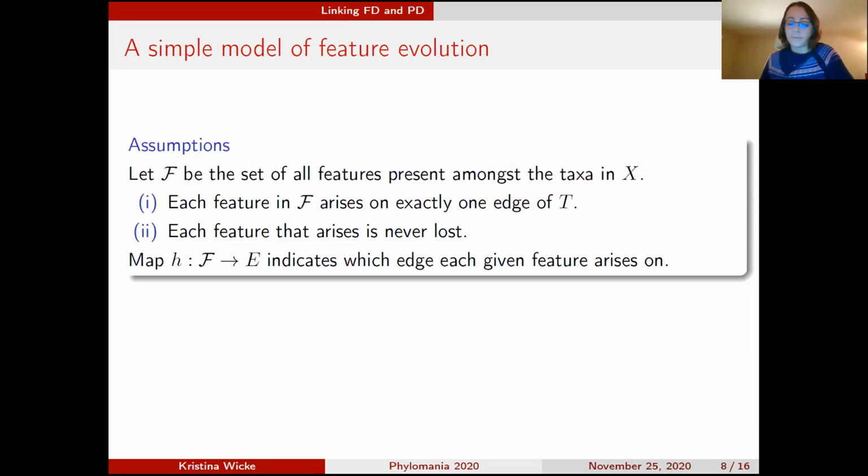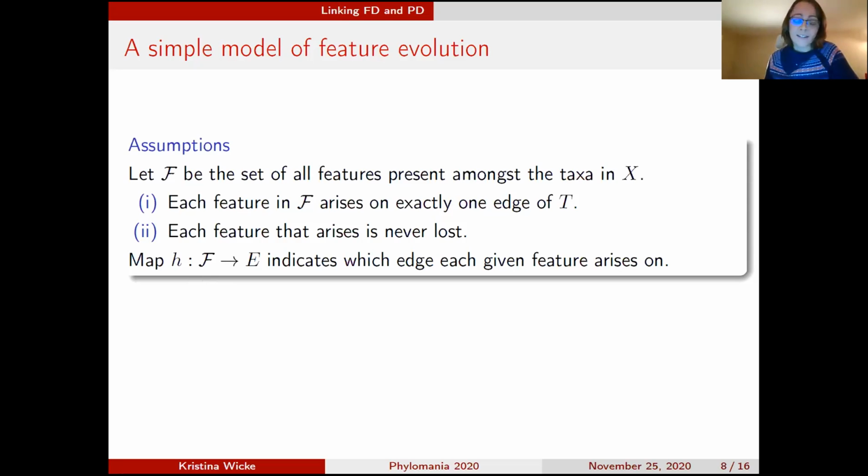So assume that F is the set of all features present amongst the taxa in X. Then we make two simplifying assumptions. The first is we assume that each feature in F arises on exactly one edge of T. And the second assumption is that if a feature has arisen, it will never be lost. And we formalize this by introducing a map H that basically tells us which edge each given feature arises on.